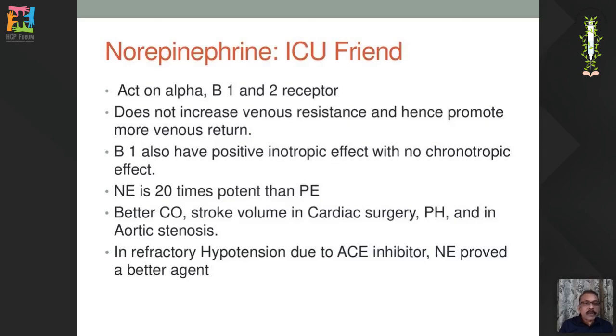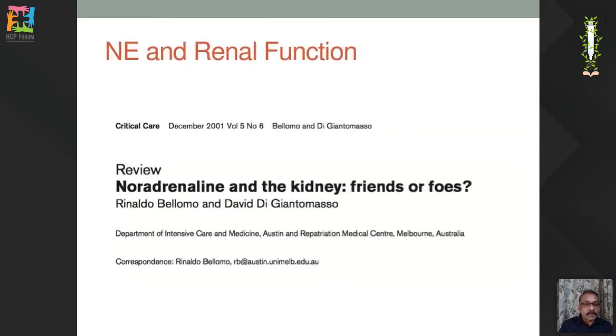The advantage is that it is an alpha, beta 1 and beta 2 receptor agonist, so it does not increase the venous resistance, and it promotes preload movement. It increases the preload, and that is why it helps in increasing the cardiac output. Also, it has a beta 1 positive inotropic effect. It is more potent, 20 times more potent, and it has been found more helpful than the alternatives in the majority of critical cases.